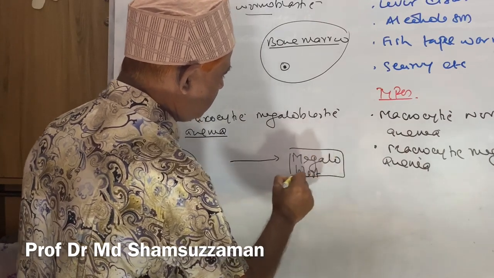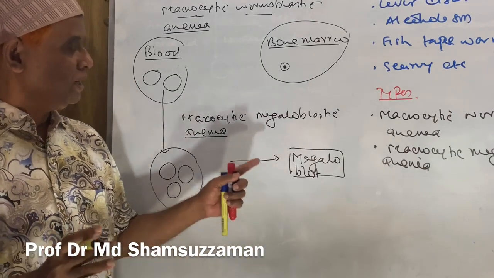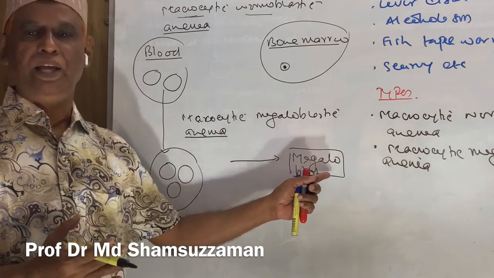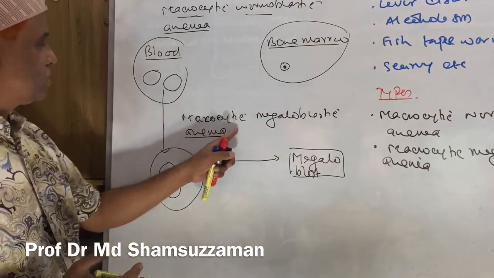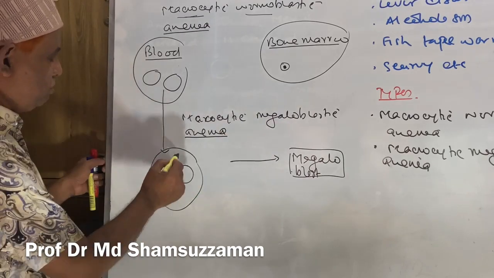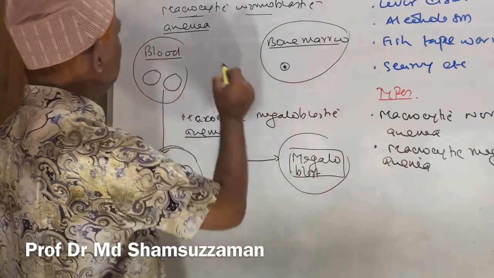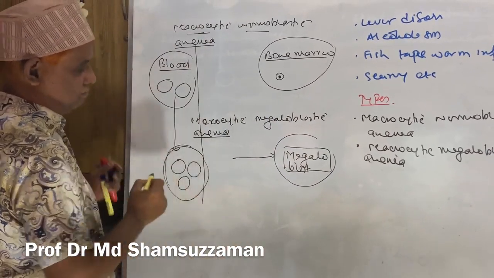Megaloblast is a nucleated red cell, but the size is abnormally large, it has abnormal functioning and abnormal characteristics, and there is maturation arrest. So it is called megaloblast. So in both cases we get macrocyte in peripheral blood.